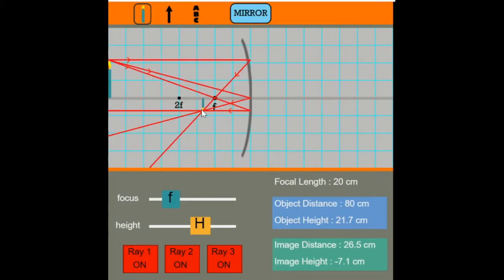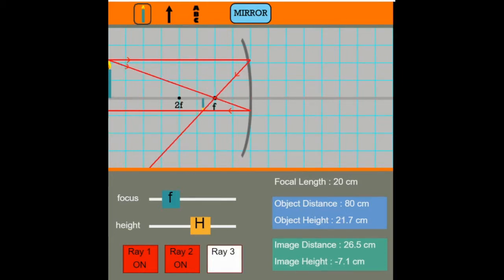Now we will see the cases where the object is placed. In your classes you have learnt about different positions of the object. Here I am taking the object at infinity. When the object is placed at infinity, for your convenience I am taking out R3.